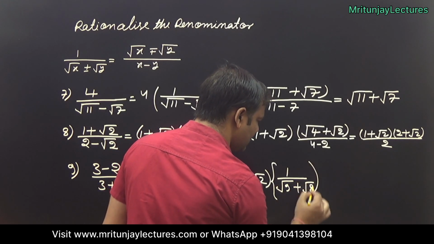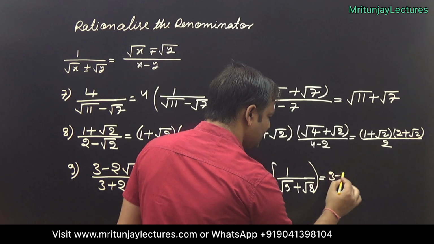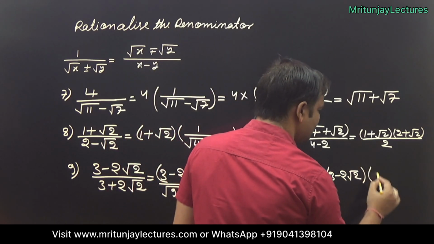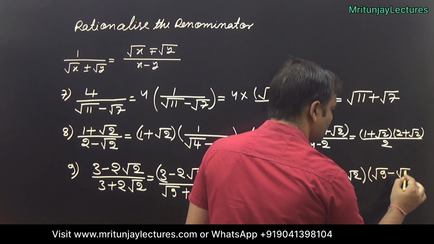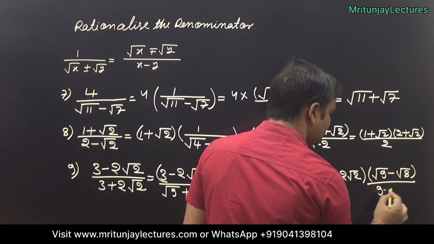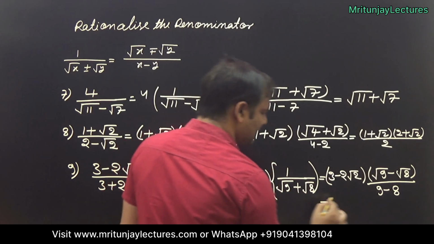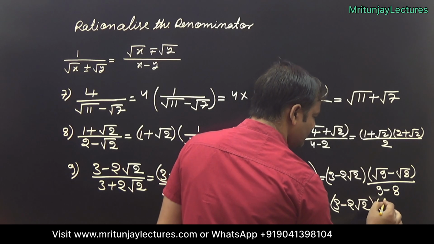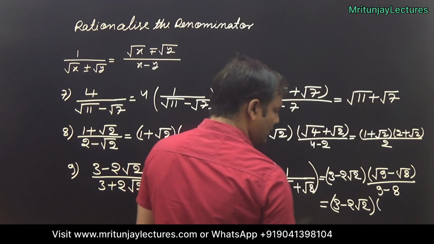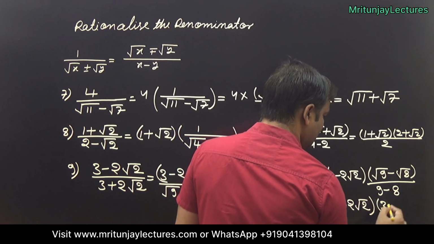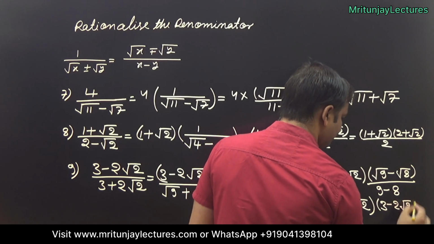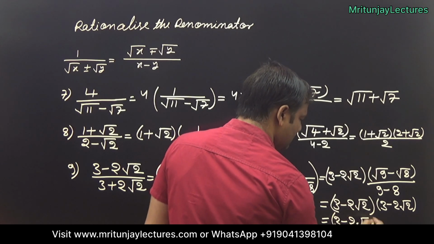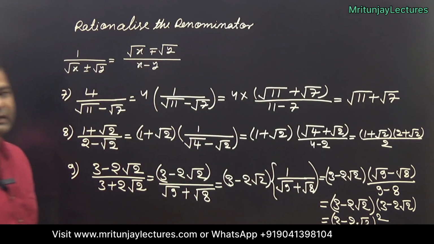Now, apply the formula: rationalize by root 9 minus root 8 divided by 9 minus 8. So 3 minus 2 root 2 into root 9, which is 3 minus 2 root 2. So basically 3 minus 2 root 2 to the whole square. This is the final answer.